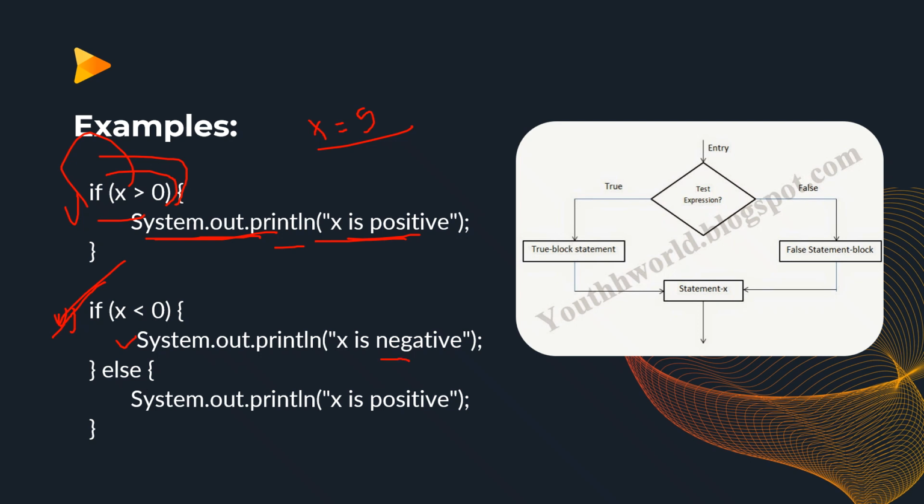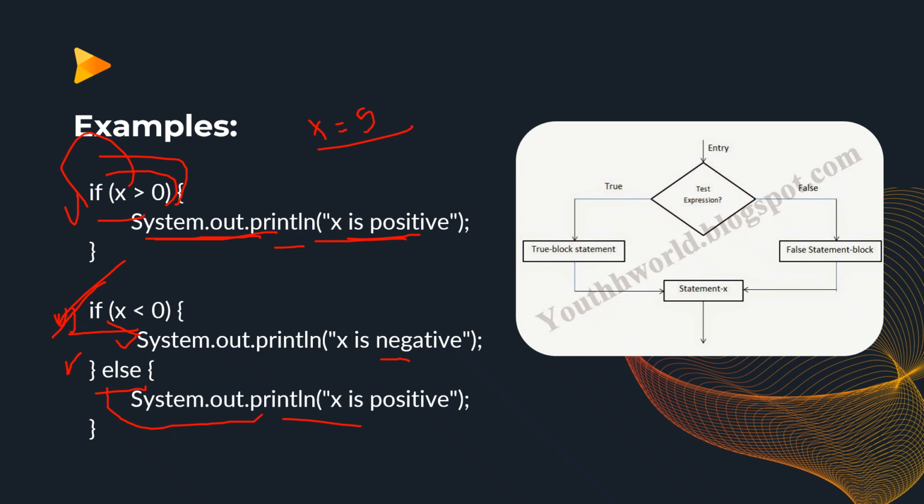But our x is 5, so it will not execute because the condition will return false. If it returns false, then we use an else statement, and in the else statement we are going to print x is positive.